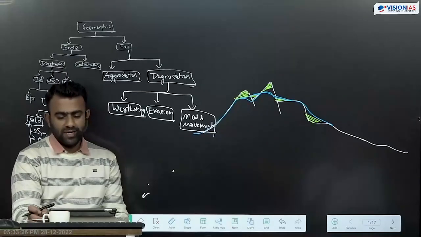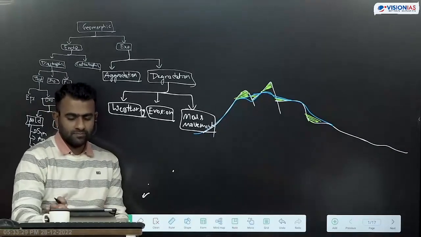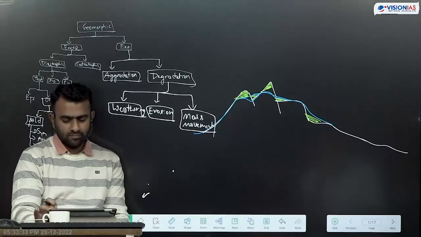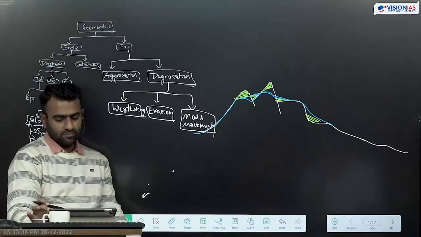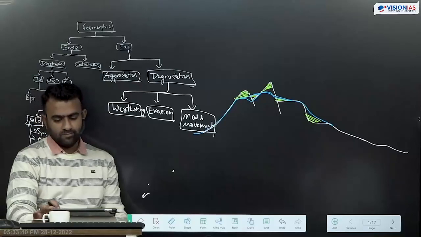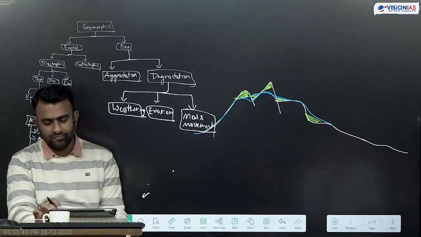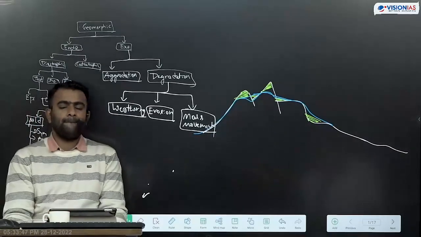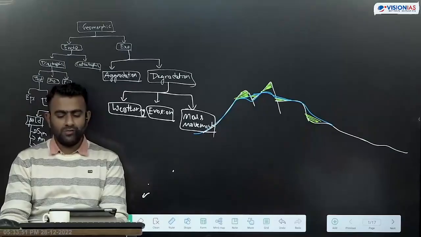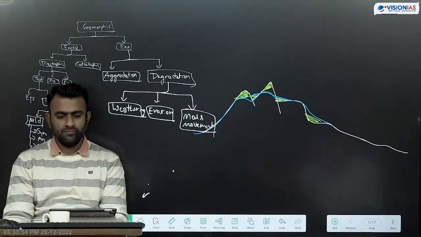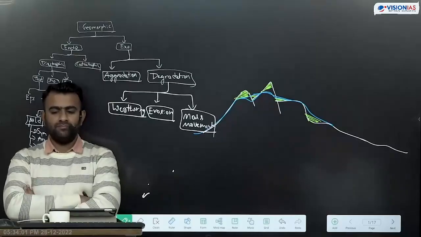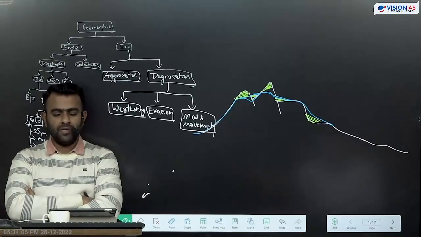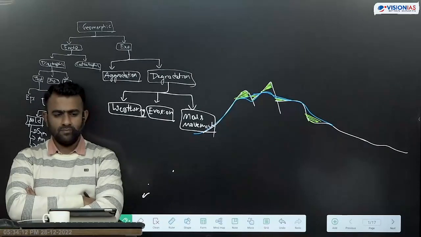These are the Earth's movements caused due to various forces acting from outside the Earth's surface.